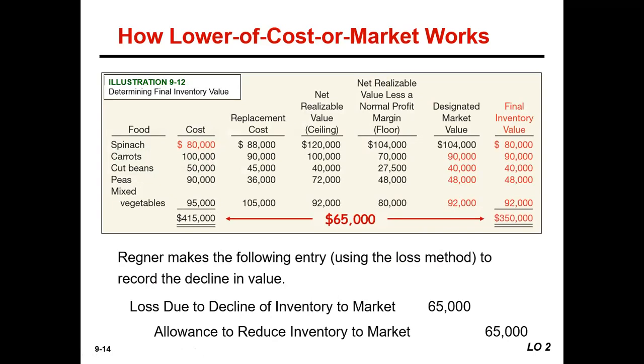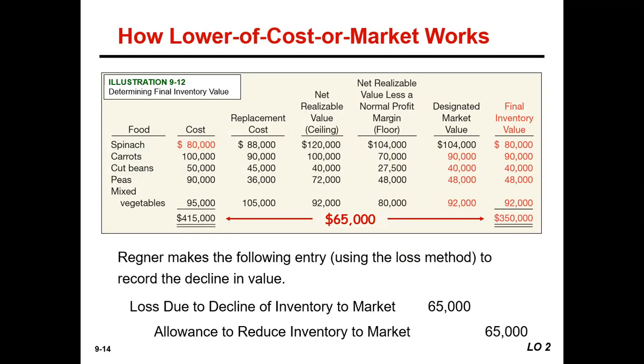The lower of cost or market is a debit to loss due to decline in inventory to market, and then the allowance to reduce inventory to market. And so remember when we were using an allowance under the net realizable value, then our journal entry would be loss due to decline in inventory to NRV, right?